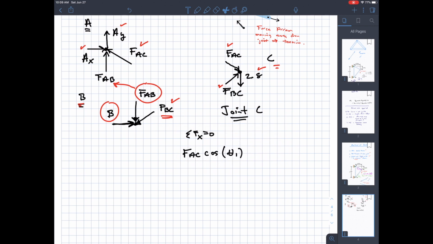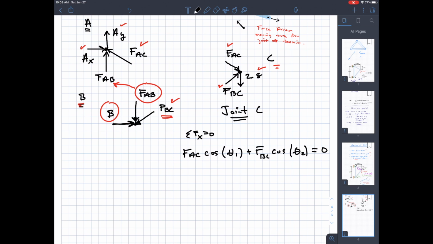And then FBC is also moving to the right, so it would be plus FBC cosine theta 2 to resolve it in the x direction. There are no more forces in the x direction, so this would be equal to 0.